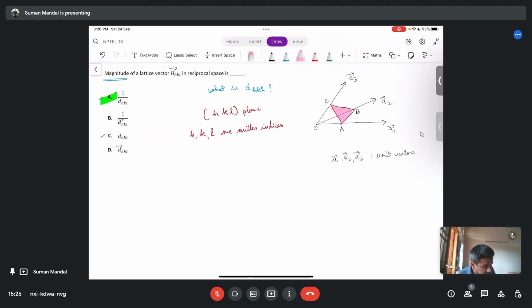Then the points at which it intersects, so this OA, OB, and OC. So OA is A1 by H, OB is A2 by K, and OC is A3 by L. So this is the definition of a plane designated as this HKL.